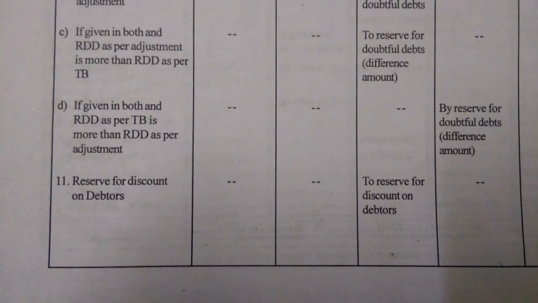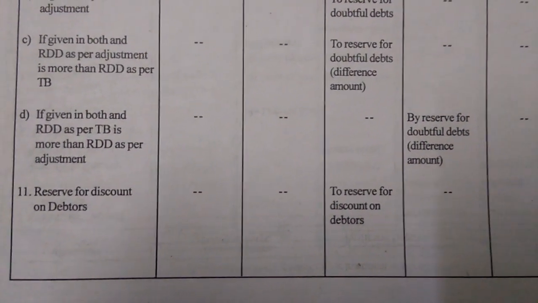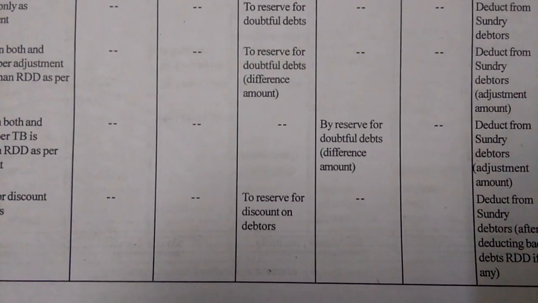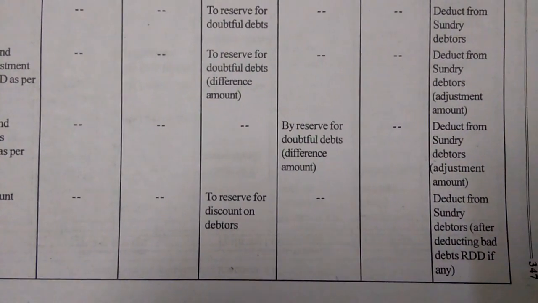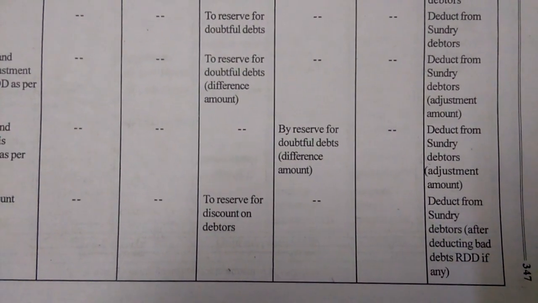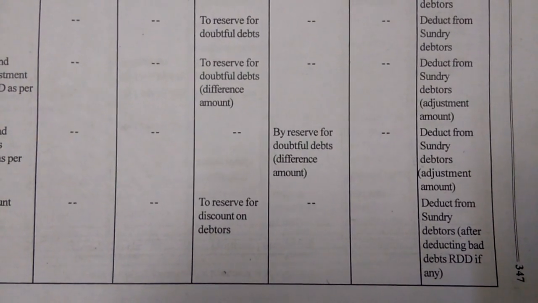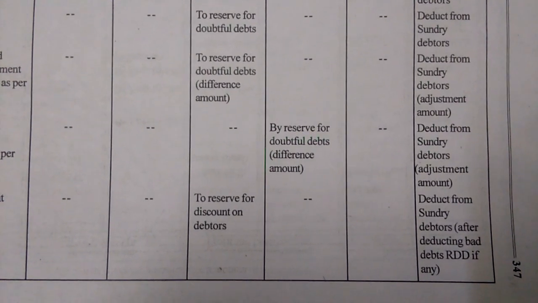Next 11th point, reserve for discount on debtors, that is debited in the profit and loss account, and this one is also deducted from the sundry debtors in asset side of the balance sheet.